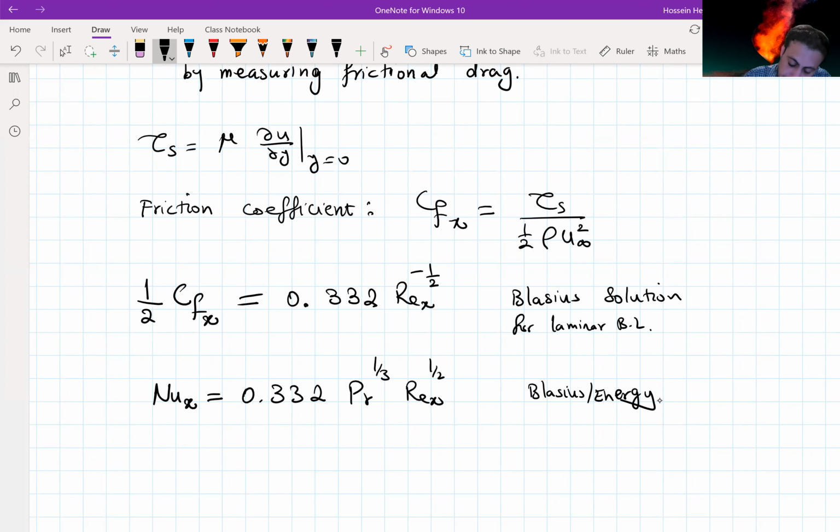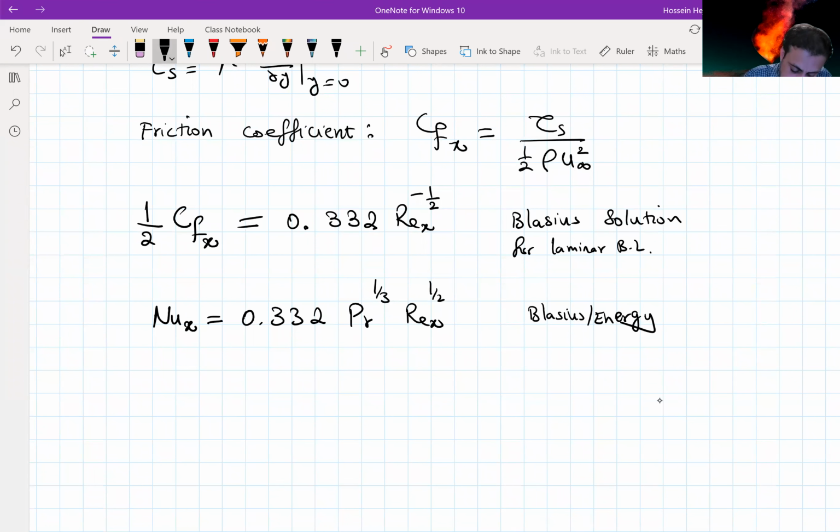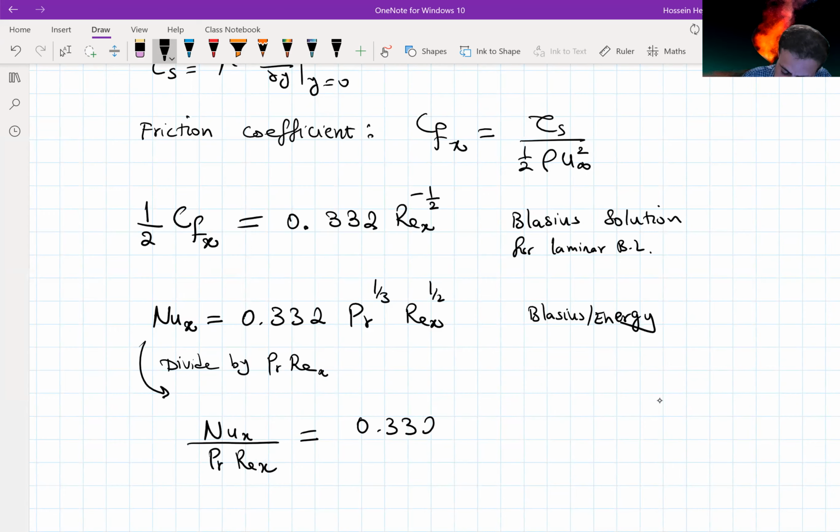If we divide both sides by Prandtl and Reynolds, what we are going to get is Nusselt number of x divided by Prandtl Reynolds of x, equal to 0.332 Prandtl to the power of 1/3 Reynolds half divided by Prandtl Reynolds.